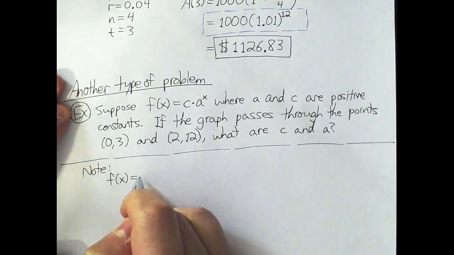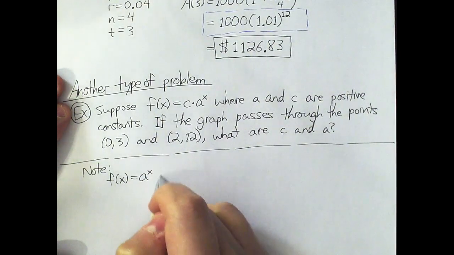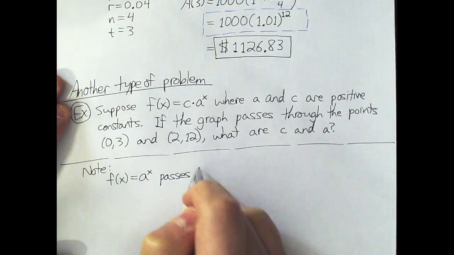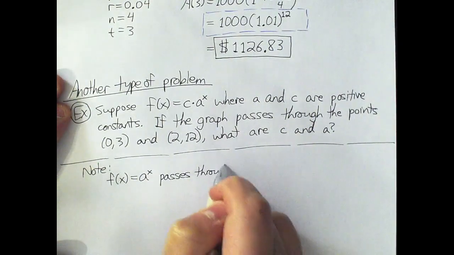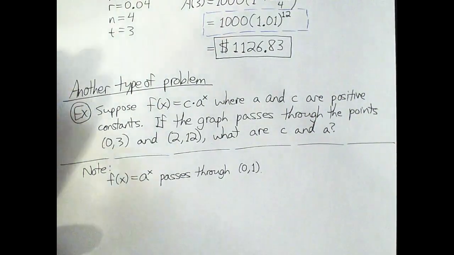Remember earlier we said that every exponential function of the form a to the x passes through 0, 1? We said that earlier. And in the examples we drew earlier, we always passed through that y-intercept.